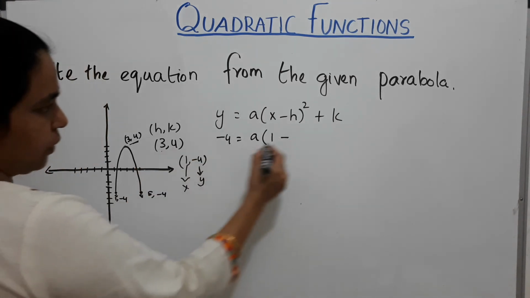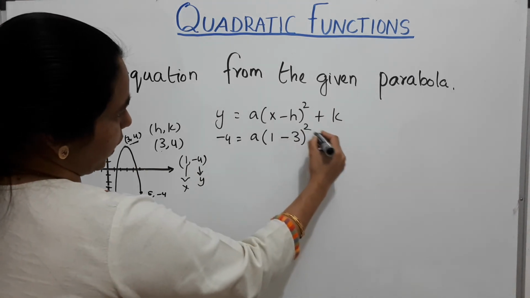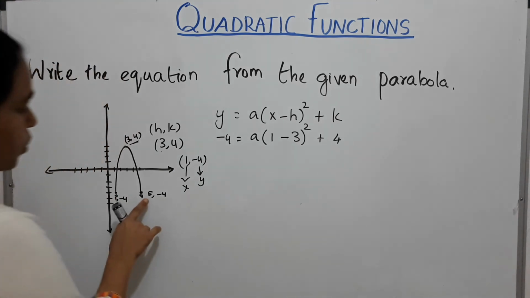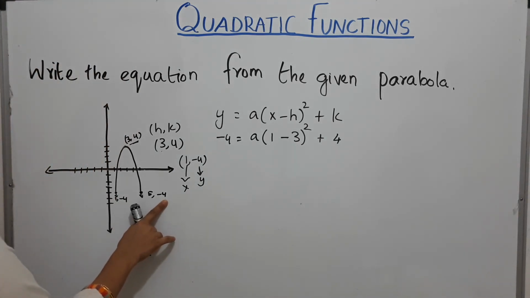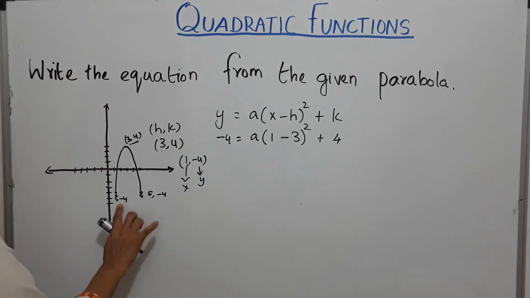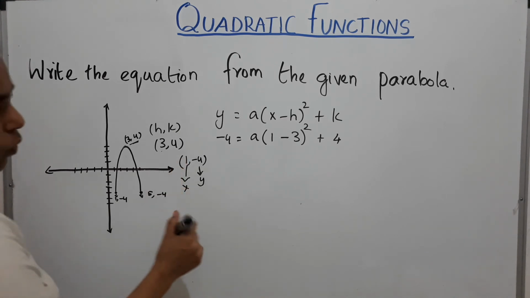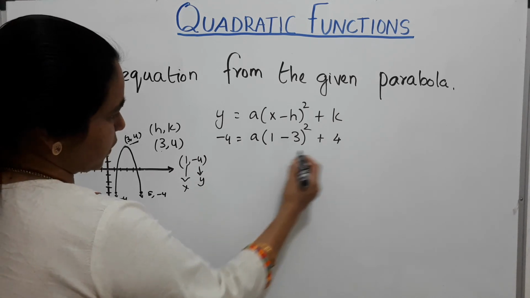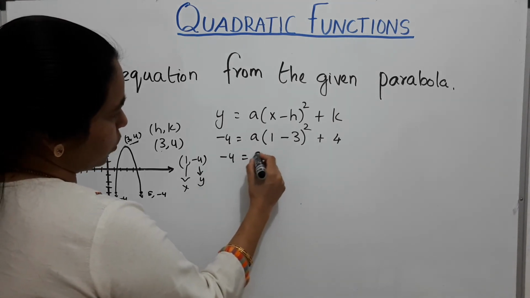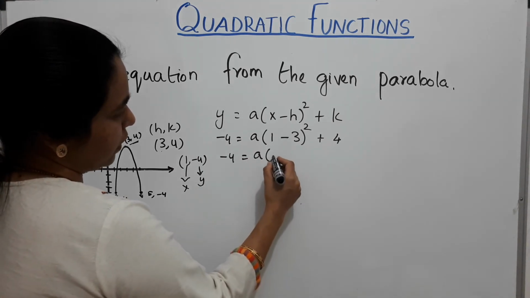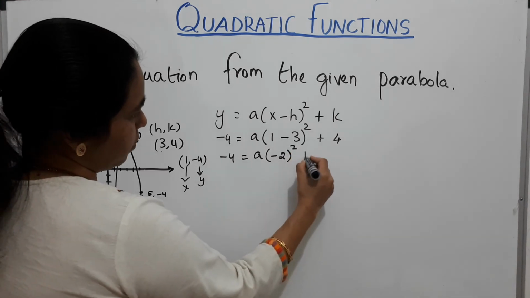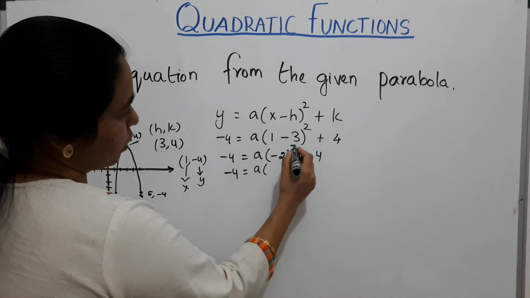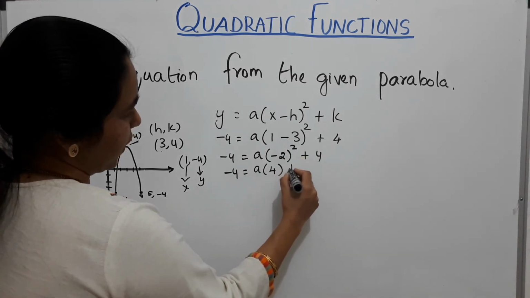H value is 3, the whole square, plus k value is 4. If you are using this point also, you will get the same answer. So you can use either this one or this one for x and y. So minus 4 is equal to a times 1 minus 3 the whole square plus 4. So minus 4 is equal to a times 1 minus 3 will be negative 2 the whole square plus 4. So minus 4 is equal to a times minus 2 the whole square will be 4 plus 4.